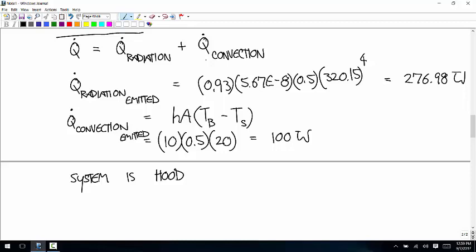And so the total Q dot for the hood is equal to 276.98 plus 100. No, you have to change the signs. That was the whole point of this. So negative 376.98 watts.